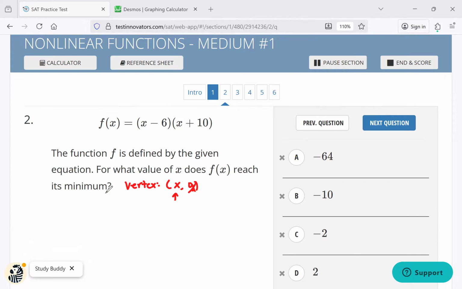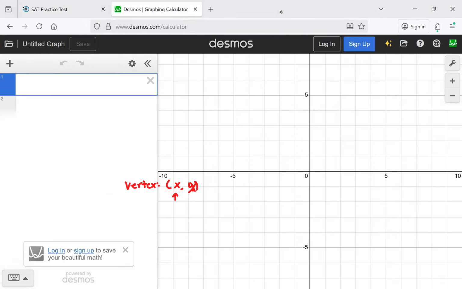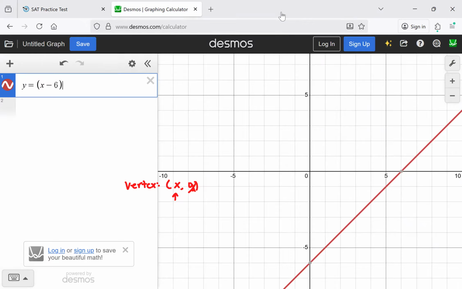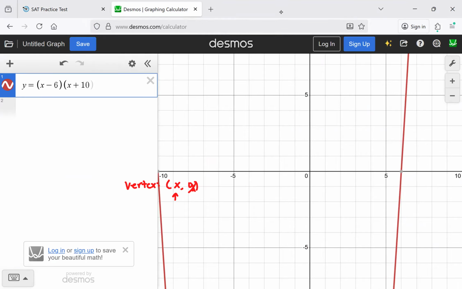If you want, you could easily just put this in Desmos. I'll show you. Go to Desmos, and this is question two. You just put that equation in.